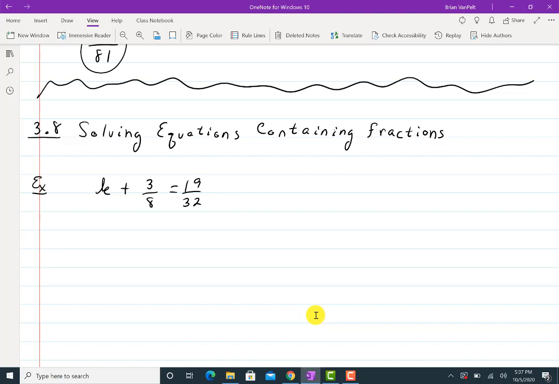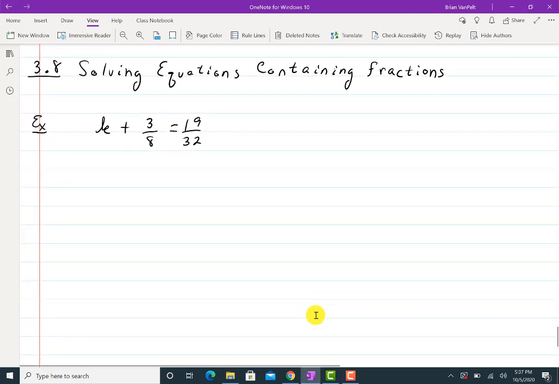All right, to solve a problem like this, to get k by itself, you would subtract 3/8 from both sides. So you would, in fact, get k by itself, but what does the other side equal? Well, here you have to do 19 over 32 minus 3 over 8.